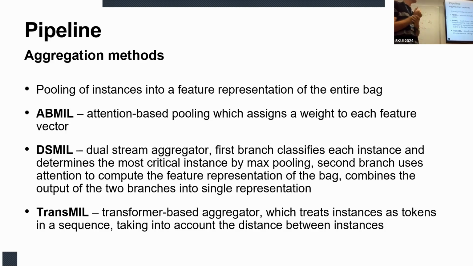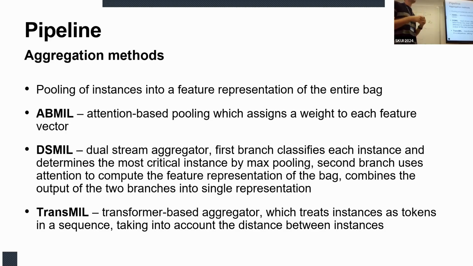However, we decided not to use such approaches because they are limited in the sense that they lack trainability. The aggregation methods that we used were ABMIL, or attention-based pooling, which assigns a weight to each feature vector and then ultimately computes the representation of the entire bag. The other aggregation technique we used was DSMIL, or a dual stream aggregator.